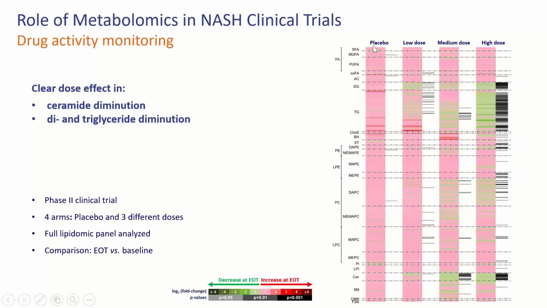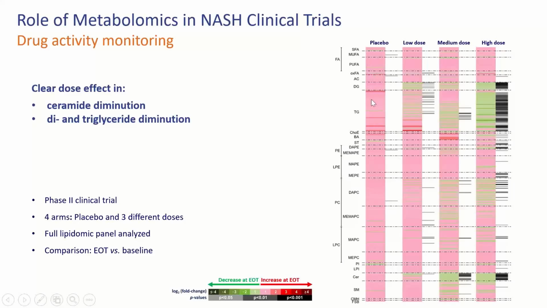Here is a long list of metabolites, more than 400 metabolites. You see how, comparing before and after the trial in the placebo, you don't modify anything. You have no blacks at all, only some gray, very minimal changes.